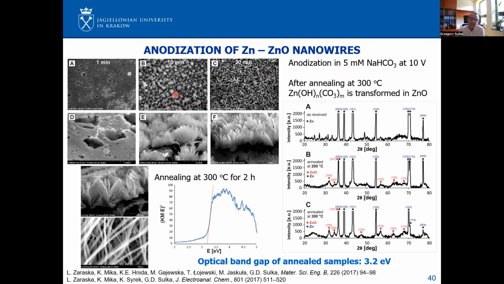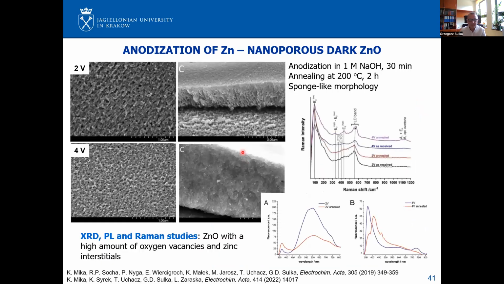And in that case, the mechanism is completely different. We observed formation of nanowires made of zinc hydroxide and zinc carbonate. And after annealing, those nanowires are transformed into zinc oxide. We also studied some optical properties of such layers and so on.